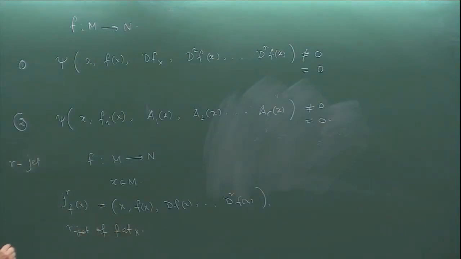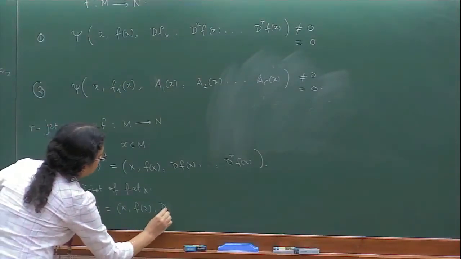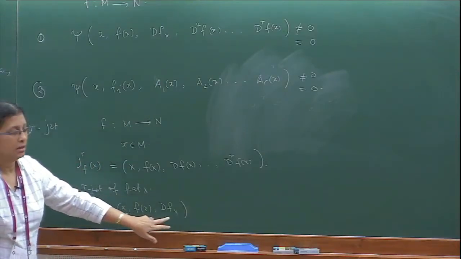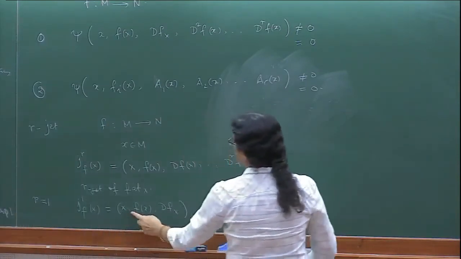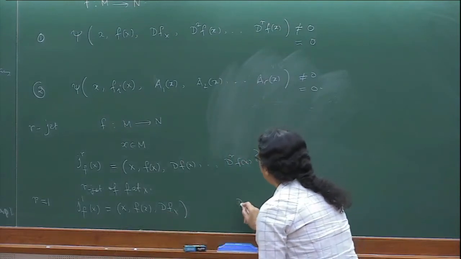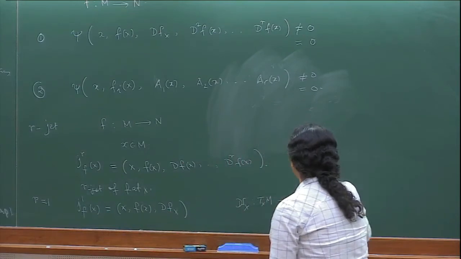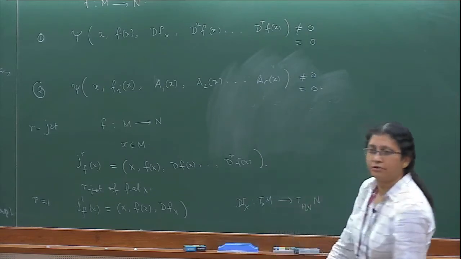Now let us look at r equal to 1, because in most cases we will only consider the r equal to 1 case. So J^1 f(x) simply means x, f(x) and df_x. So what is the information? There are just 3 quantities related to J^1 f(x). This is a point in M, this is a point in N, and this is a linear map from the tangent space of M at x to the tangent space of N at f(x).